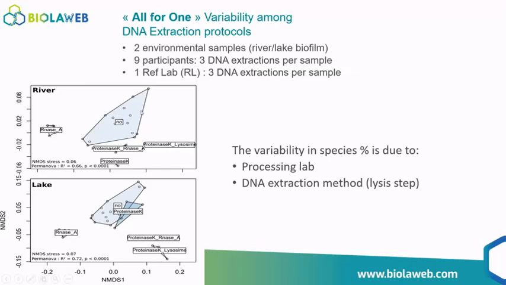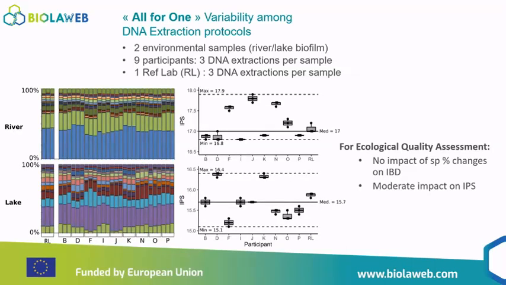For example, here in blue, you have those who had no lysis step, while you have here those using RNase or proteinase K or both. And so it seems that the lysis step, we didn't go very far on that, but probably has some importance. But what's interesting comes next.